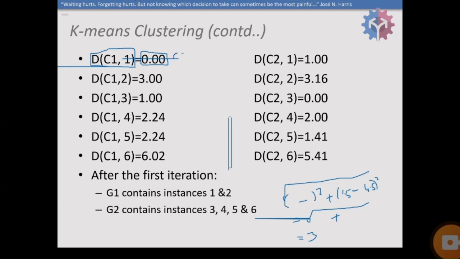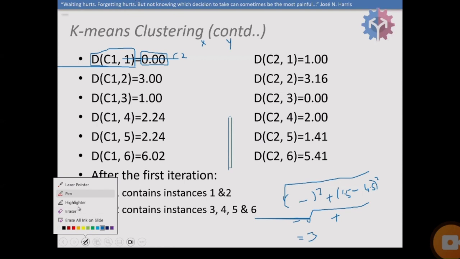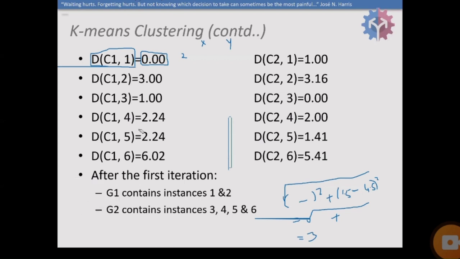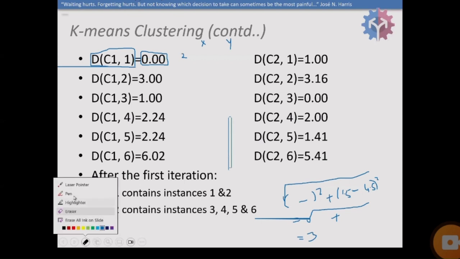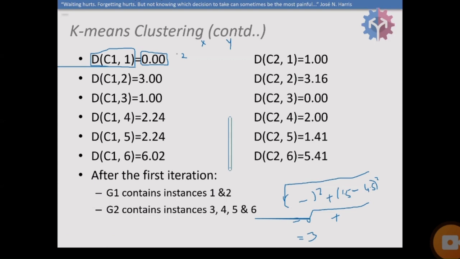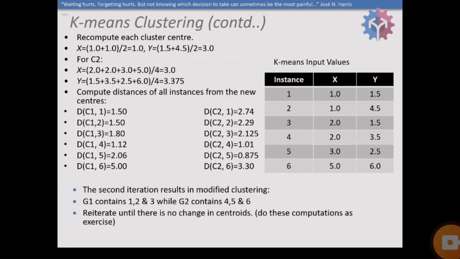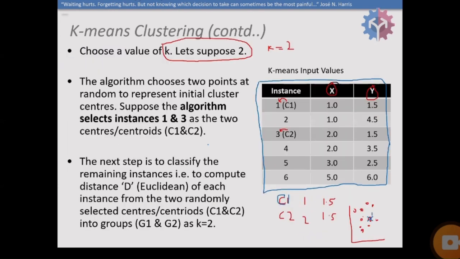So who can tell me the coordinates for C2, please? Has anybody taken a picture of this? Otherwise, I'll go back, no problem. So first we have to identify C2. What are the coordinates for C2?